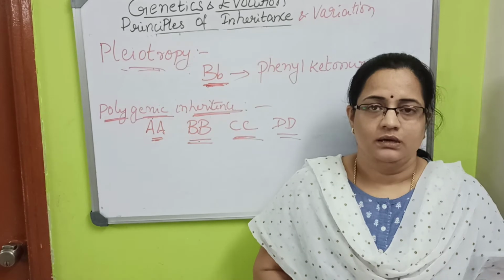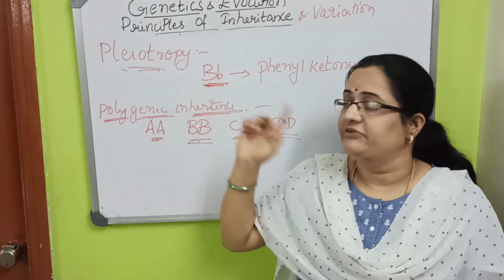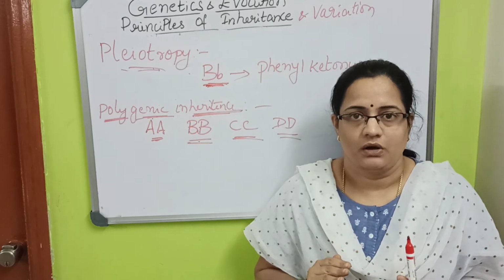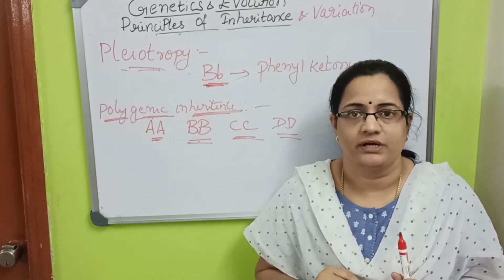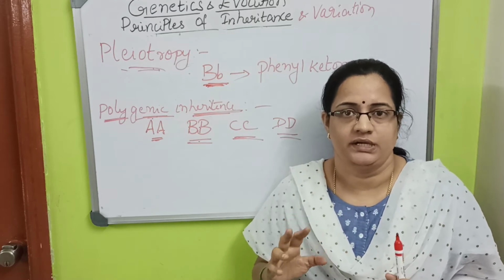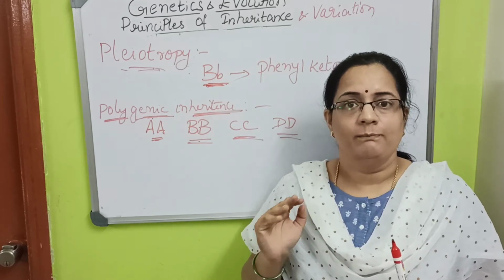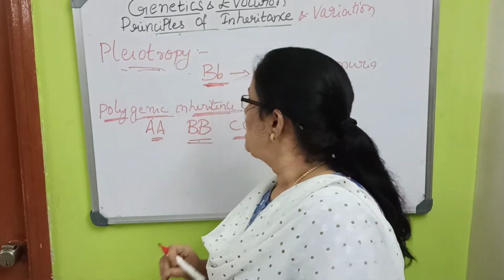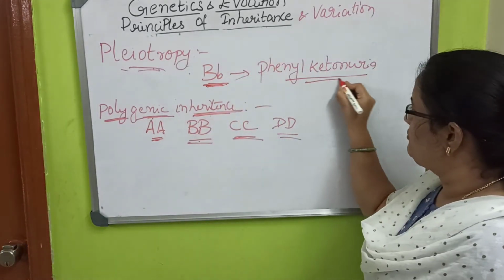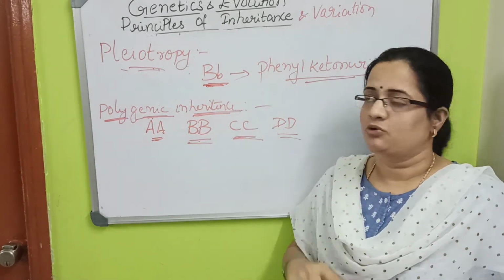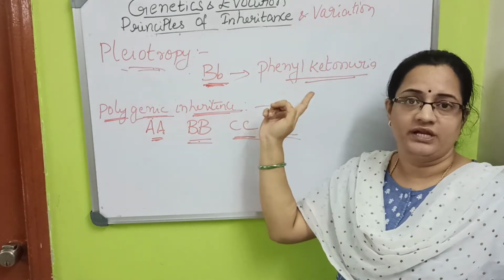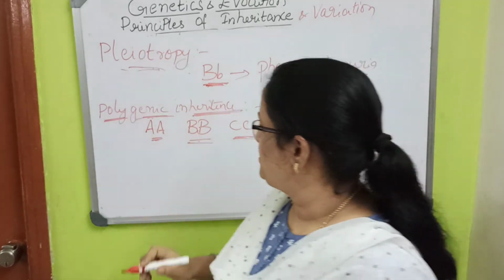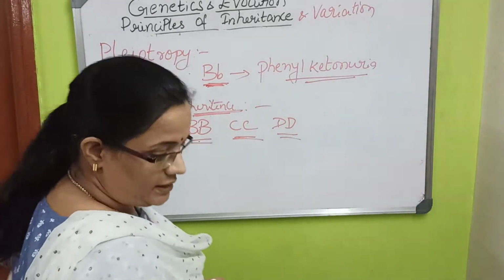In biology, when writing every definition you have to always mention an example, and wherever a diagram or flow chart is necessary, if you write complete information, it will be easy to score marks. When I explain gene disorders and chromosomal disorders, I will explain phenylketonuria, what the disease is. Pleiotropy comes under that.